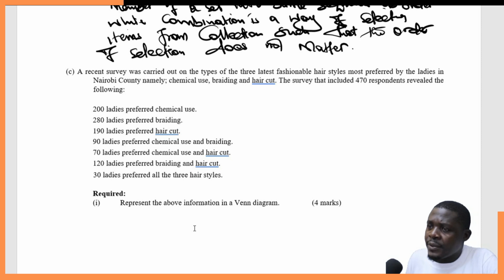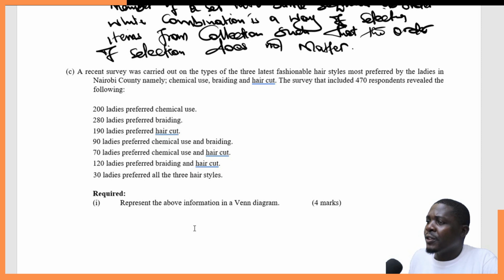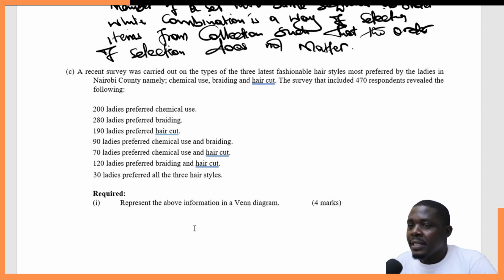A recent survey was carried out on the type of fashionable hairstyles most preferred by ladies in Nairobi County: chemical use, braiding, and haircut.